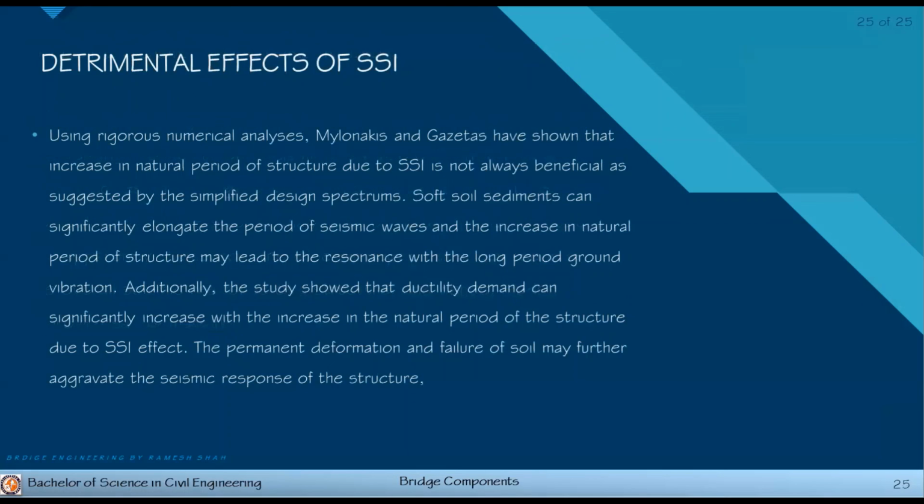So we have the detrimental effects of SSI. Using rigorous numerical analysis, Mylonakis and Gazetas, if I'm not mistaken, and I'm not sure about the pronunciation, have shown that the increase in natural period of a structure due to SSI is not always beneficial as suggested by the simplified design spectra.